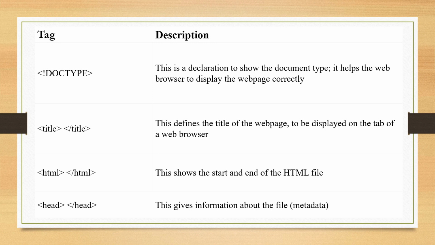Next, the HTML part. This shows the start and end of the HTML file. The HTML tag is used to specify the root of HTML and XHTML pages. The HTML tag informs the browser that this is an HTML document.